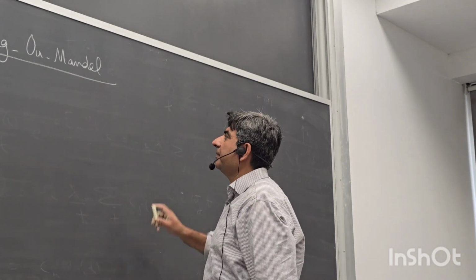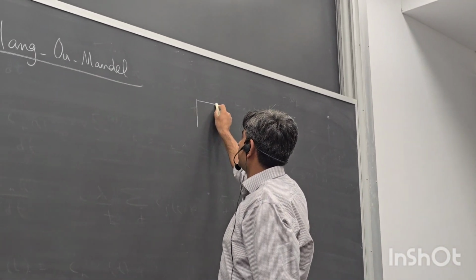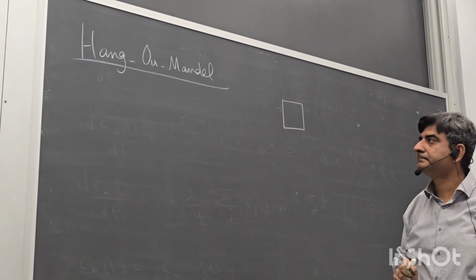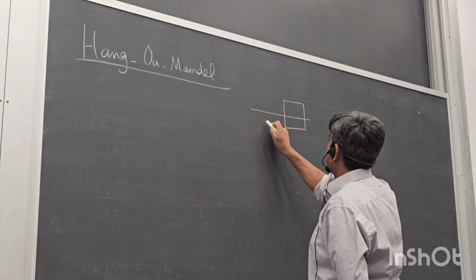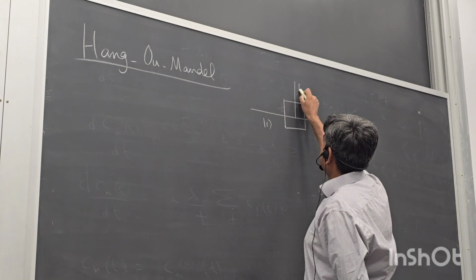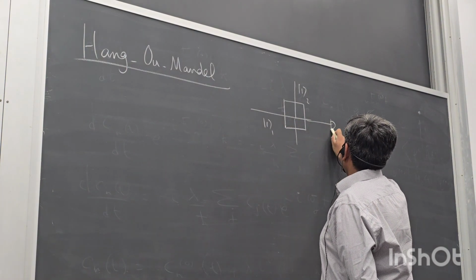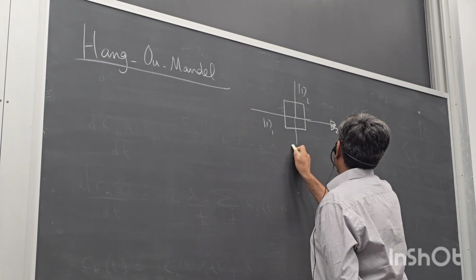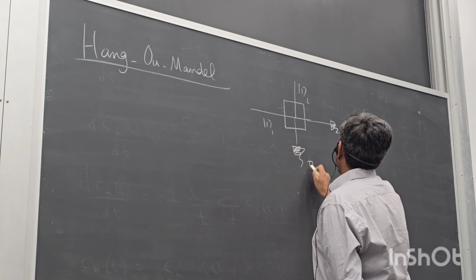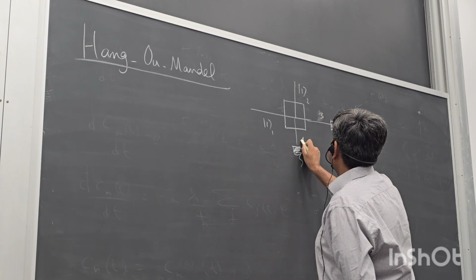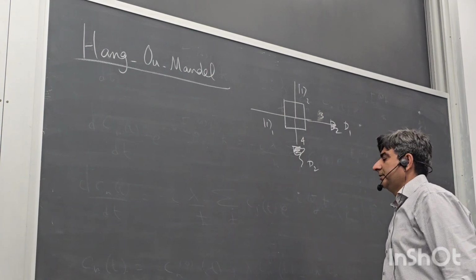Now, in this experiment, I have one photon coming into this channel, one photon coming into this channel. So detected D1 here, and detected D2 here, and this is my port 3, port 4. So what's my input state, by the way?